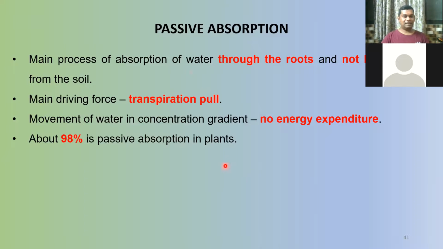In plants, the maximum absorption is passive, 98%. 98% of absorption of water हो रहा है, it is passive. Energy क्यों spend करने का unnecessarily? That's the law of dynamics. Unnecessary expenditure of energy has to be avoided.